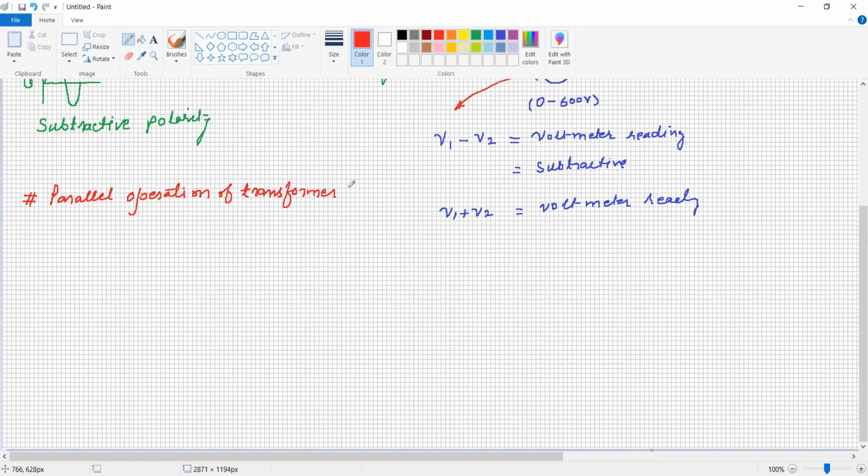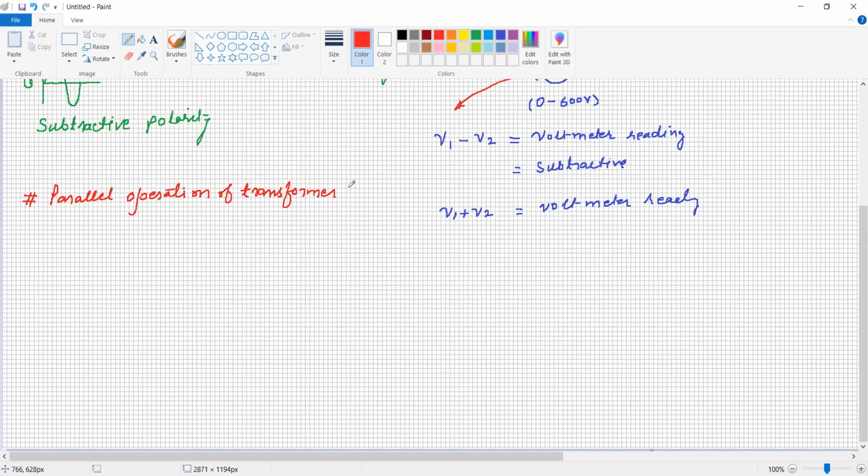The transformers are said to be connected in parallel when their primary windings are connected to a common supply and their secondary windings are connected to the common load.